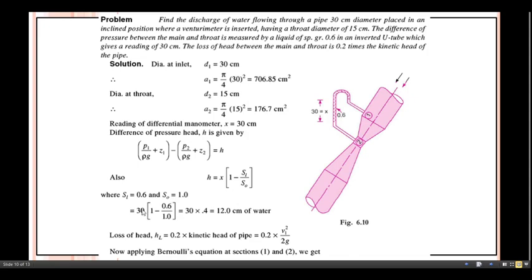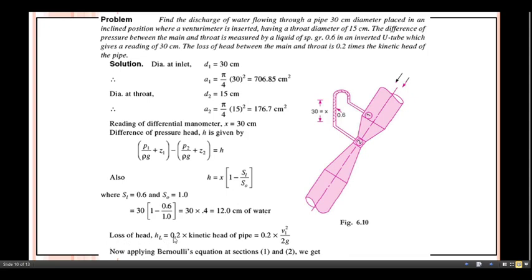Okay, so we have to write this formula in this way: H equals x into 1 minus SL divided by S0. Substitute the values for SL and S0 and do the calculations. We can get 12 centimeter of water.